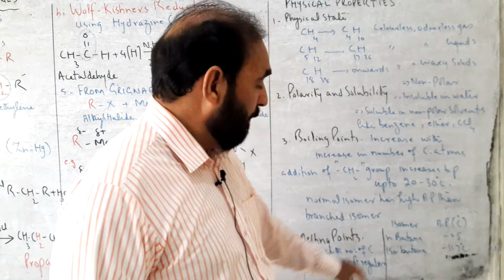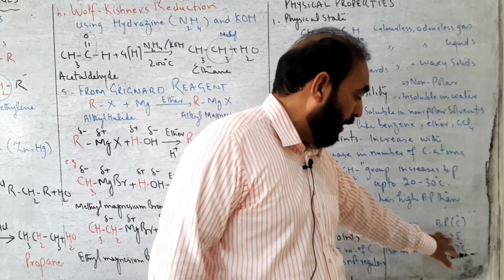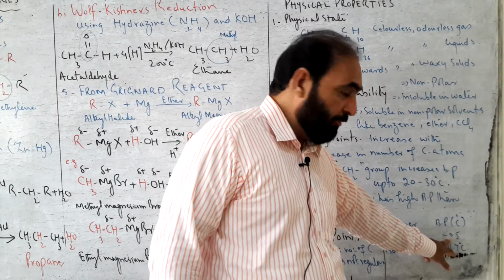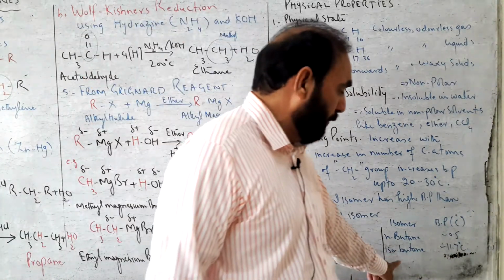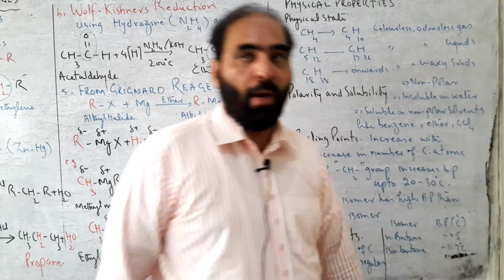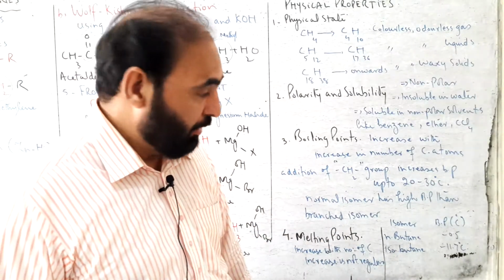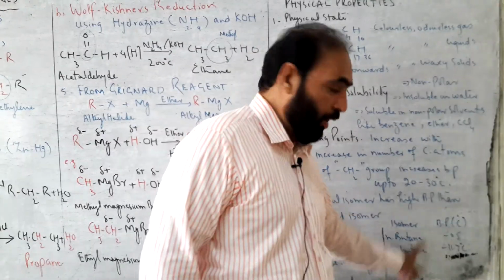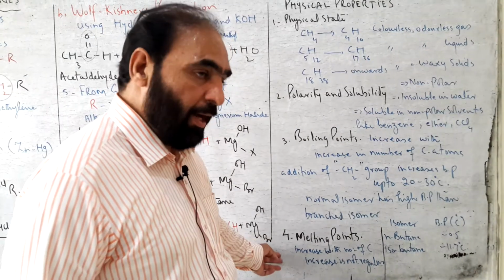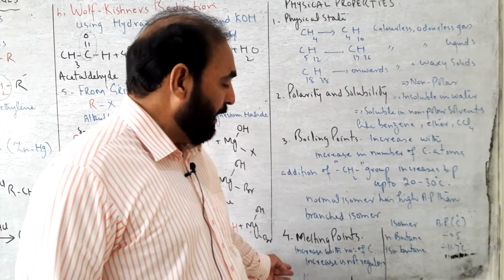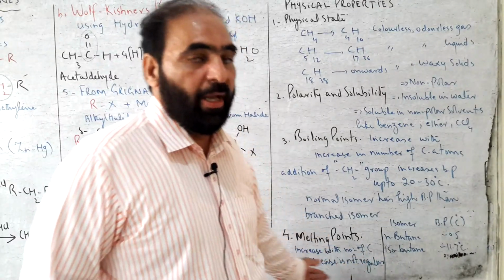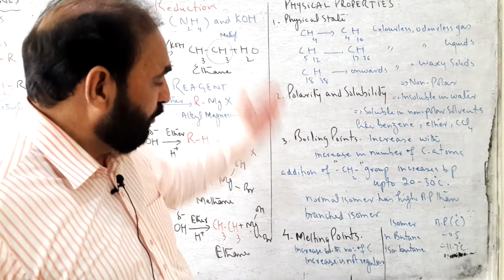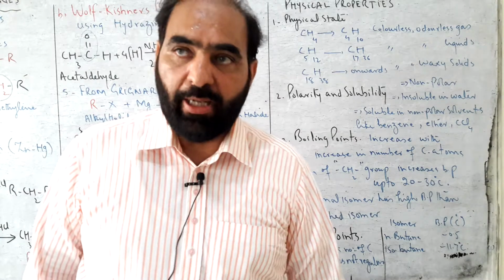For example, n-butane has a boiling point of minus 0.5 degree centigrade and its branched isomer, isobutane, boils at minus 11.7 degree centigrade, which is far less than the boiling point of n-butane. Melting point also increases with an increase in the number of carbon atoms, but there is no regular increase in case of melting point. So these are 4 physical properties of alkanes.